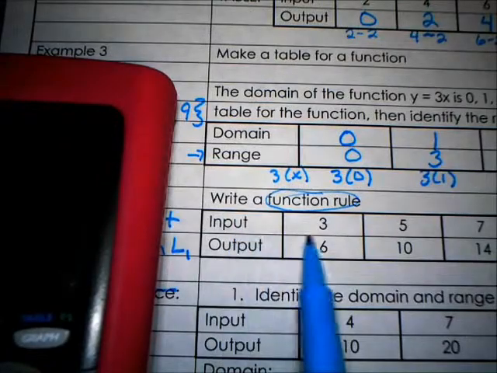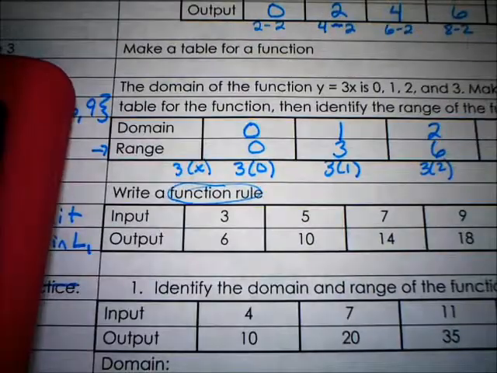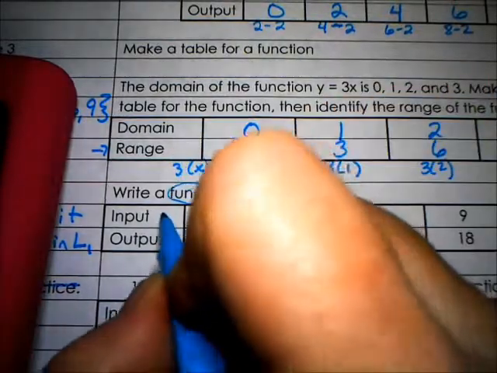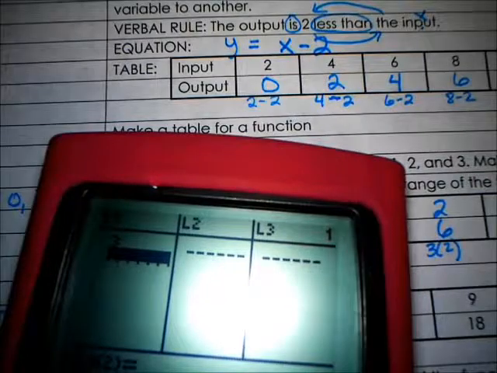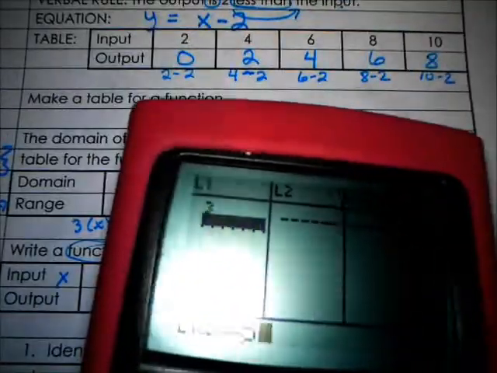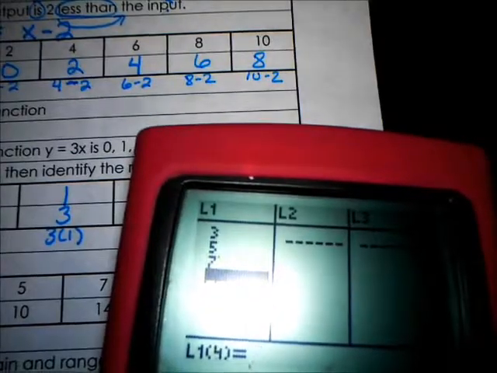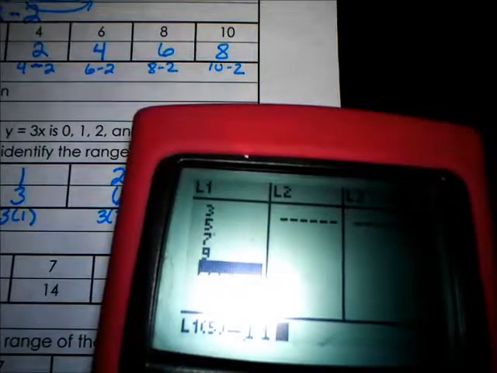If I look here, my inputs are going to be 3, 5, 7, 9, and 11. Those are all my x's. So what I'm going to do is type a 3 and then enter, type a 5 and enter, 7 and enter, 9 and enter, and then an 11 and enter.